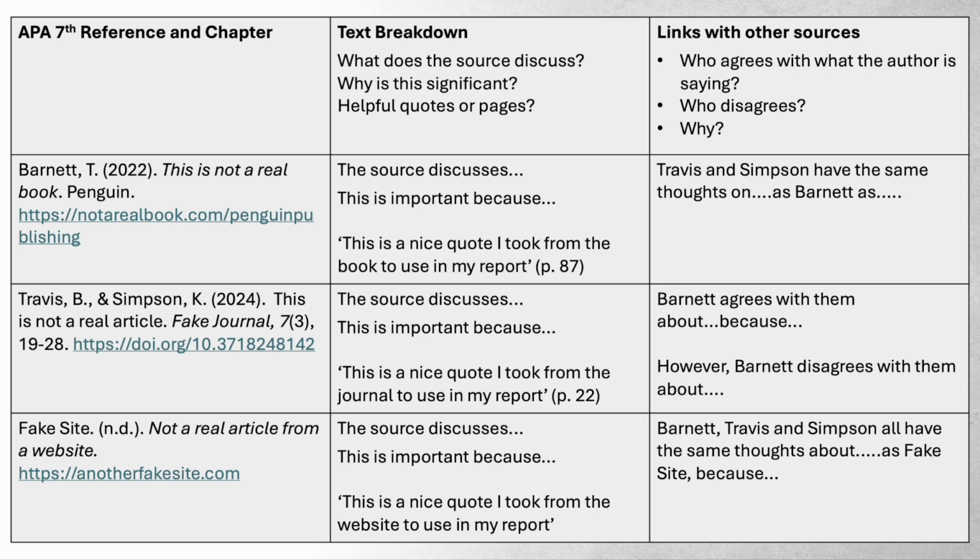Travis and Simpson have the same thoughts on blah blah blah as Barnett. Barnett agrees with them about blah blah blah because. However, Barnett disagrees with them about blah blah blah because. It just helps you to create that debate that we just spoke about on your assignment brief. And also, it keeps all of your notes in one place. There are blank copies of this reading table available from the Learning Development Blackboard.